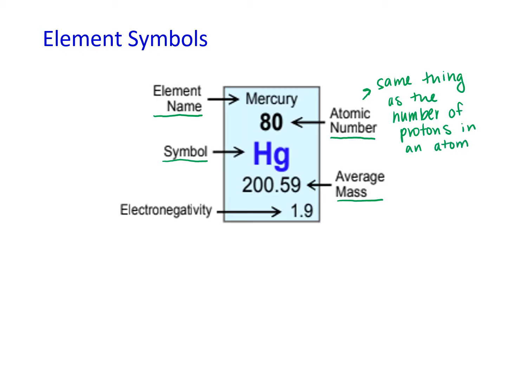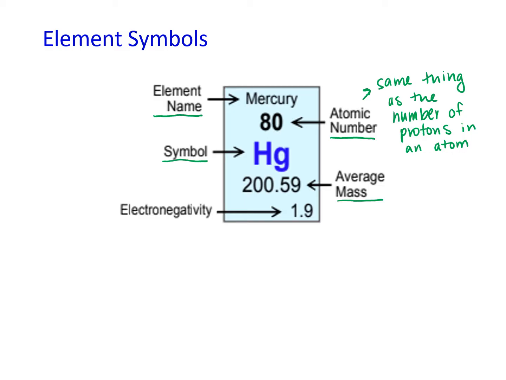The number of protons, or the atomic number, is the identifier for different elements. If you're talking about an element, it will always have the same number of protons or the same atomic number. As soon as you change the number of protons, you're no longer discussing the same element. Changing the number of protons changes the element.